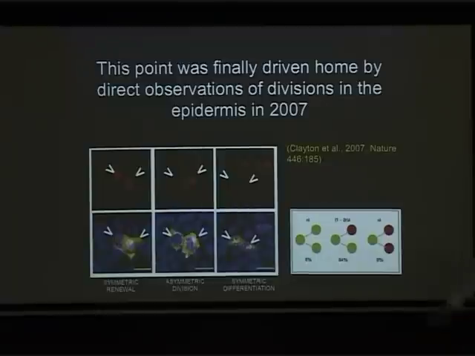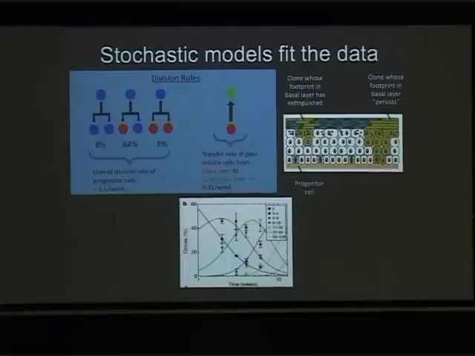And there's no predictability in terms of how one cell will behave from one division to the next. And you can build stochastic models, and you can actually fit those models to the data. I think you're going to talk about data collapse later, right? So this is actually one of these examples. You can get all these curves to collapse onto one canonical curve. It's really beautiful work that really shows that the whole system is stochastic.